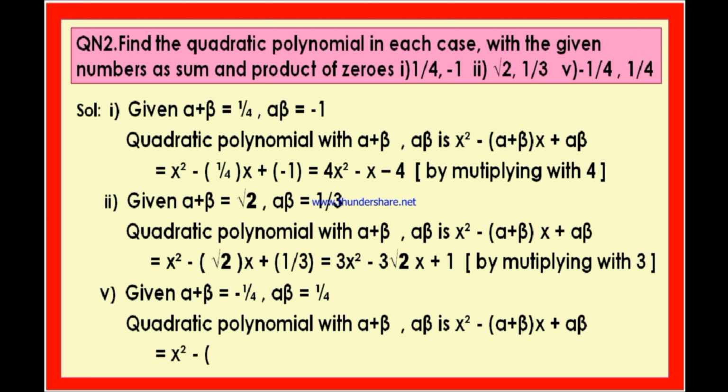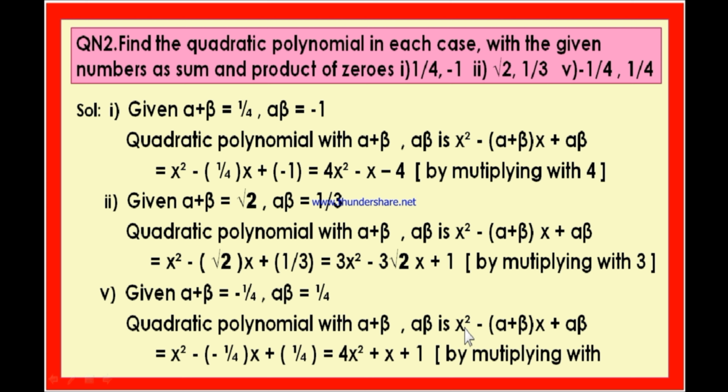Now let us substitute the values. Alpha plus beta is minus 1 by 4. X square minus this alpha plus beta, minus 1 by 4, into x plus alpha into beta value, plus 1 by 4. Here x square, minus of minus will be plus 1 by 4 into x plus 1 by 4.